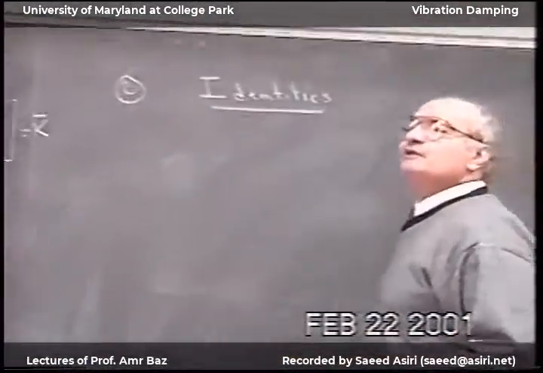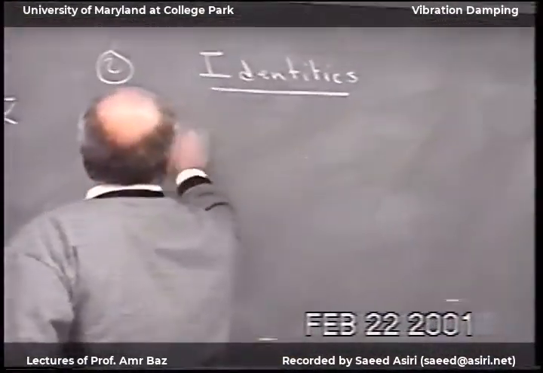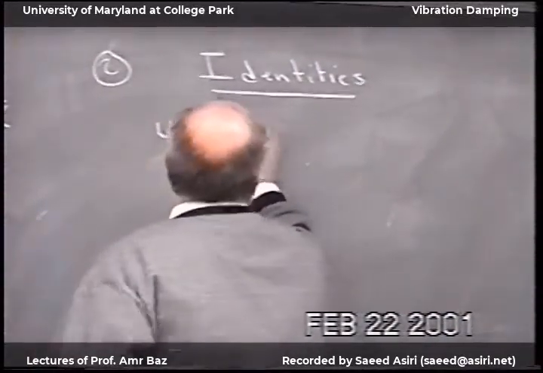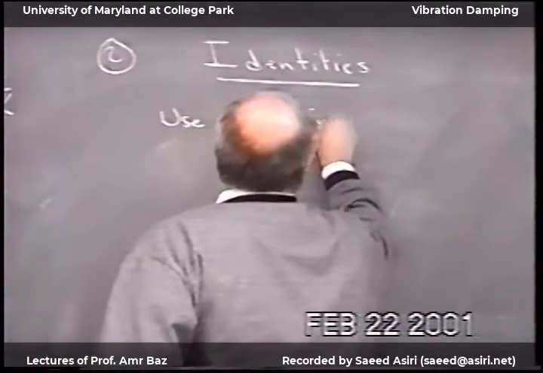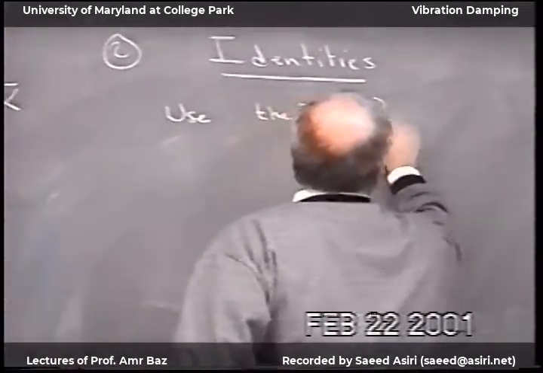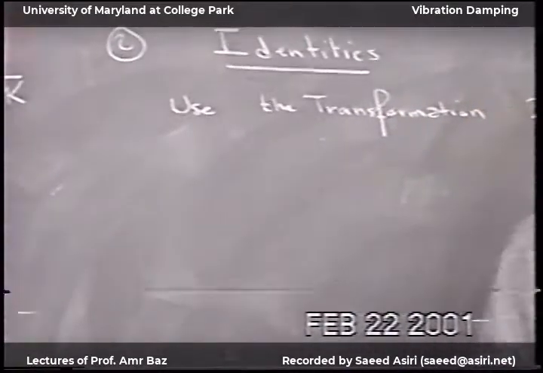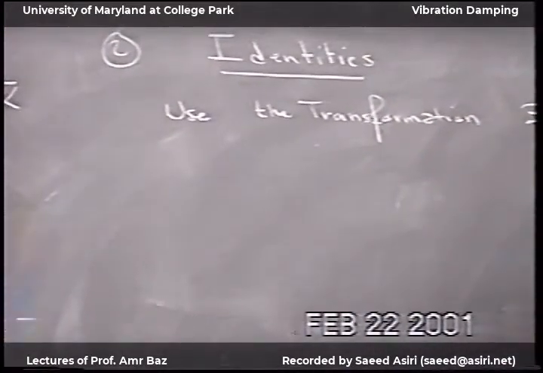And the identities we said will use the transformation Z is equal to omega 1 squared.